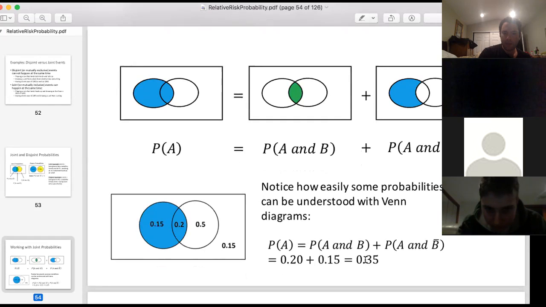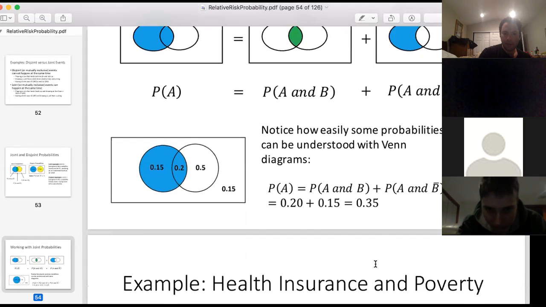So here we see that the probability of A is 0.35.